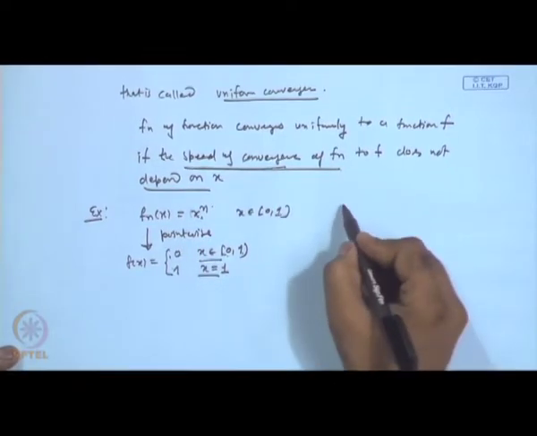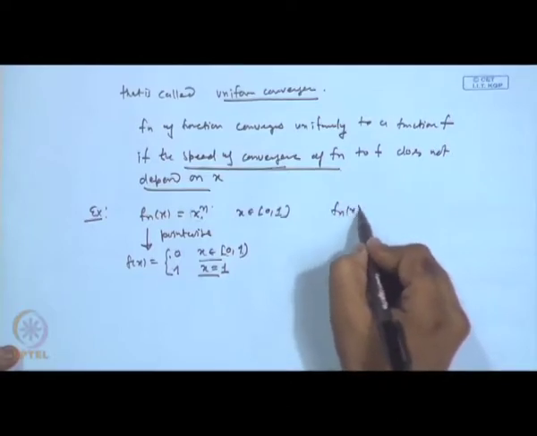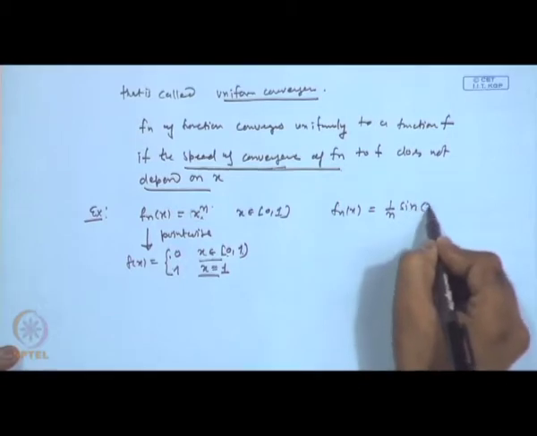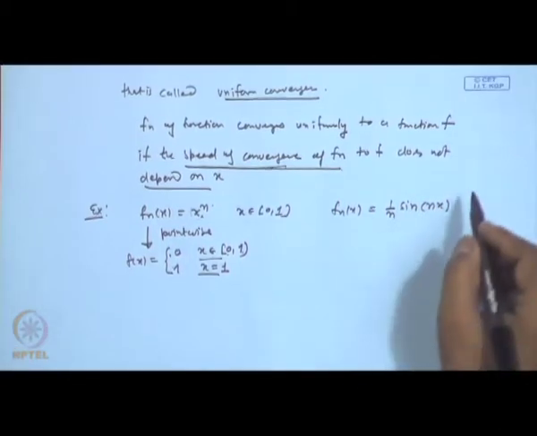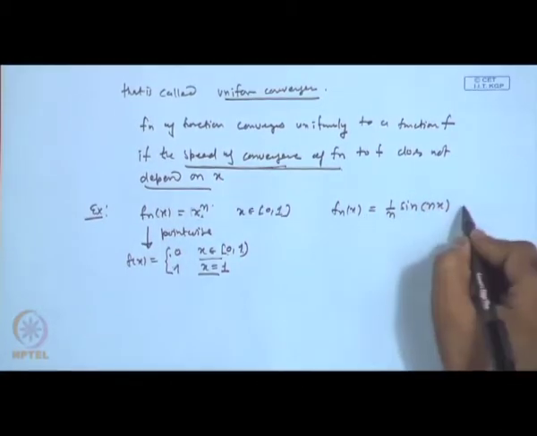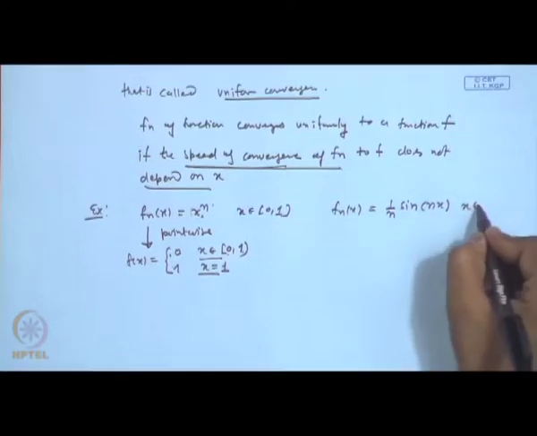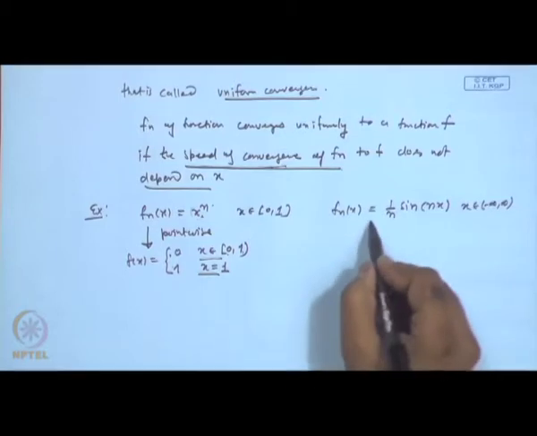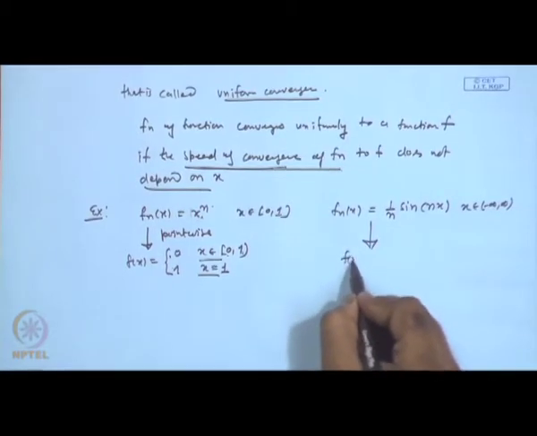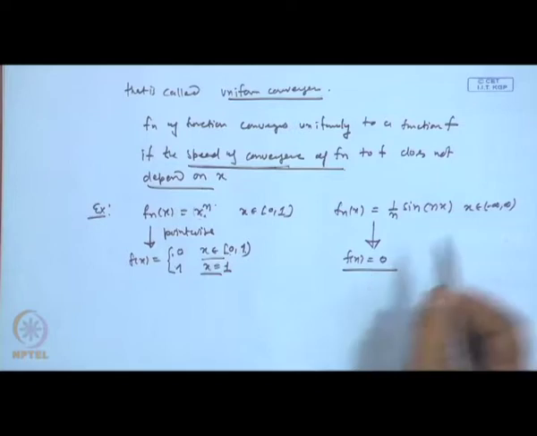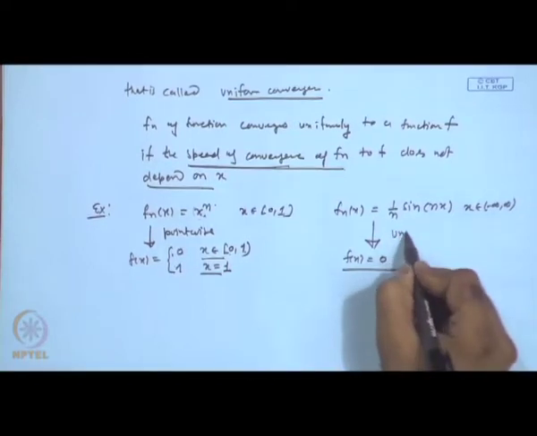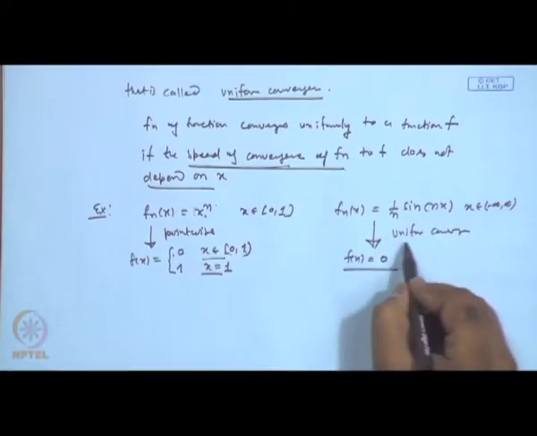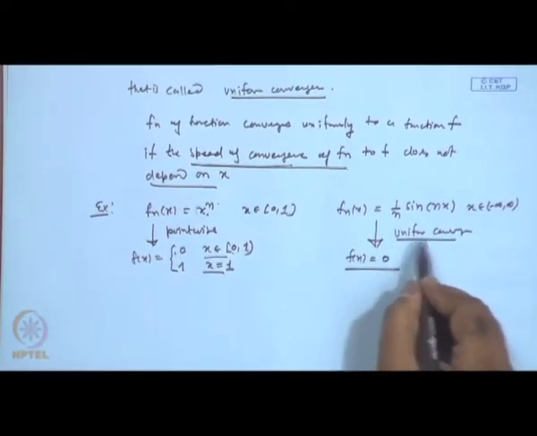But for example, if we take the sequence of functions (1/n) sin(nx), for basically any x, this will always go to the function f(x) equal to 0, and here we have uniform convergence, and of course pointwise convergence, because uniform is the stronger version.